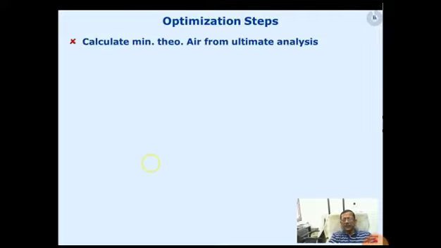Now if I take a look at the steps, the combustion optimization would start with the measurement of the theoretical air, minimum theoretical air for complete combustion, which you can do from the ultimate analysis. This we have already done in the combustion calculations. The next thing you do is to calculate the total air, right? From the PA and FD flow you calculate the total air.